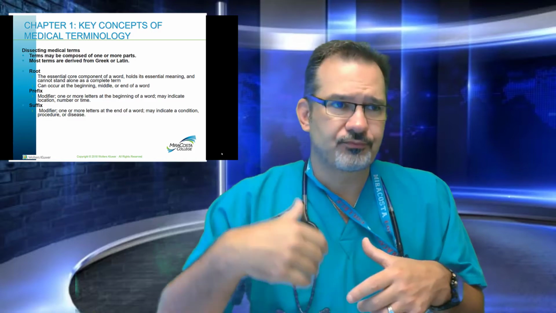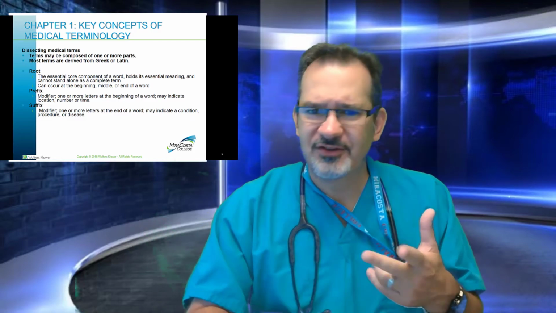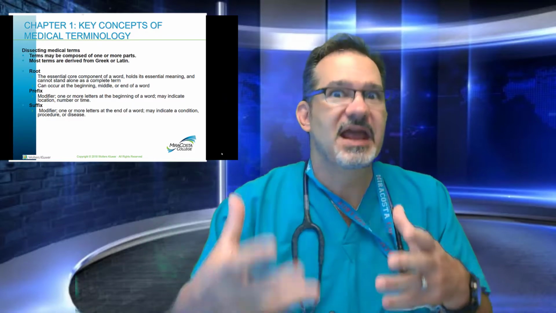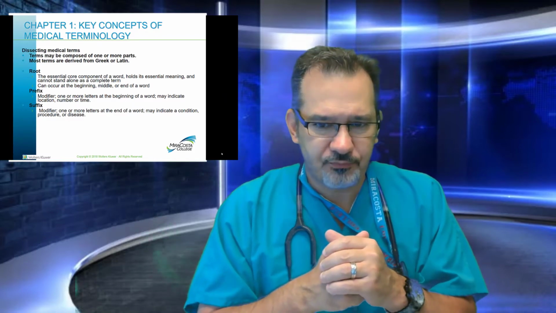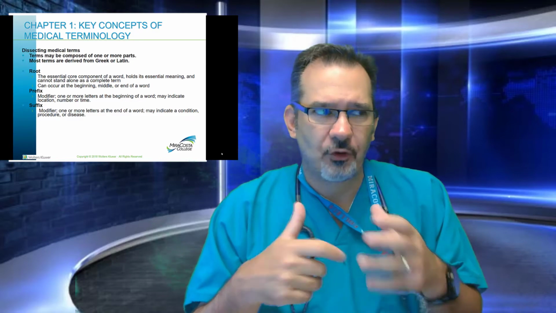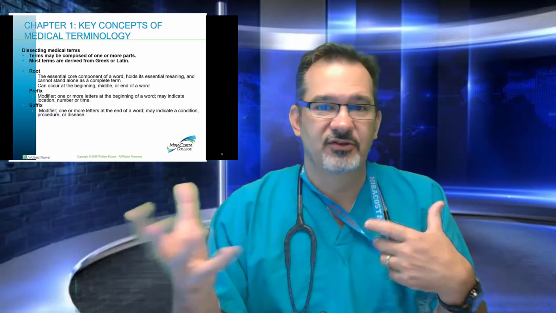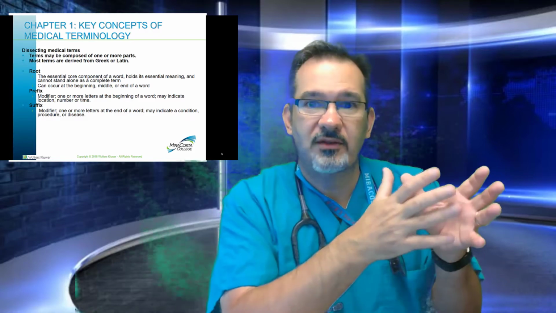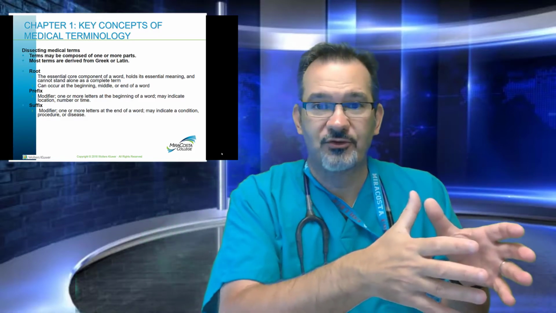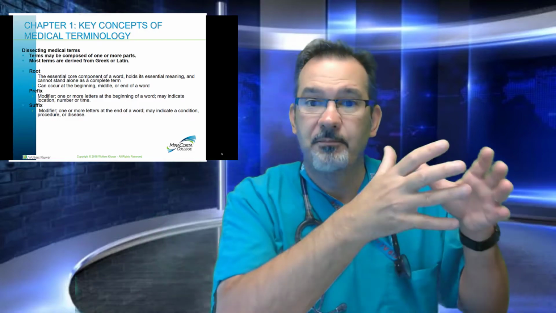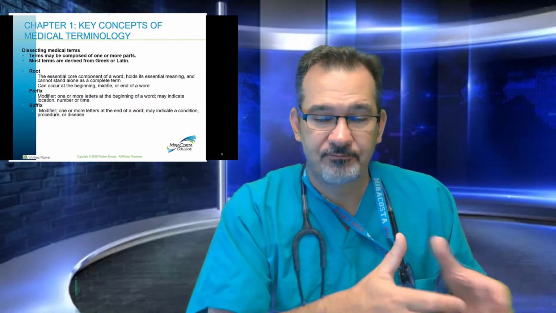Usually a root is a body part, an organ, a system, something of that nature, something major, right? Roots can begin at the beginning, the middle, or the end of a word. It depends on where it's placed and what meaning the word forms, okay?